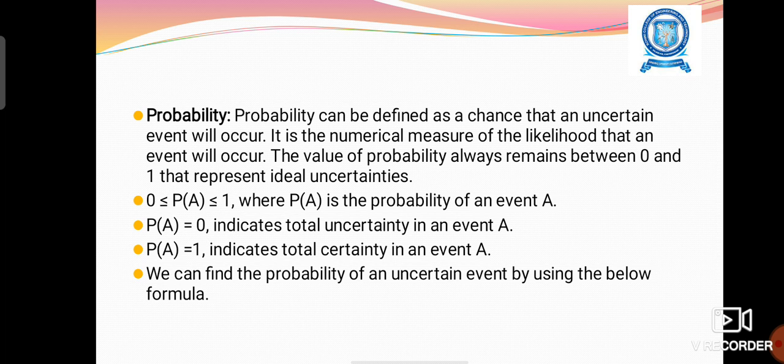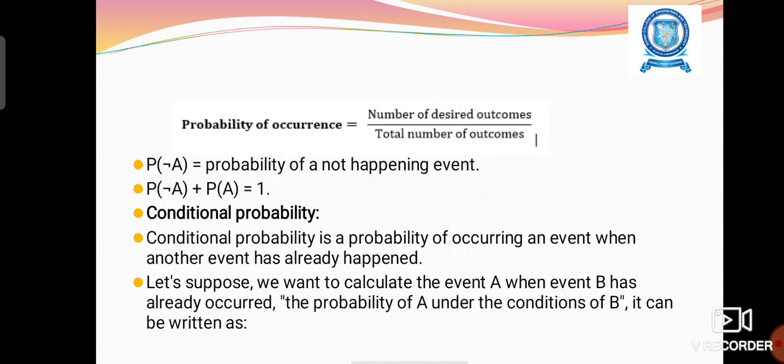Probability is defined as the chance that an uncertain event will occur. It is the numerical measure of the likelihood that an event will occur. The value remains between 0 and 1. So the probability of A, where A is some event, lies between 0 and 1. 0 means total uncertainty in an event A, and 1 means total certainty in an event A. The probability of occurrence can be calculated as the ratio of the number of desired outcomes to the total number of outcomes.